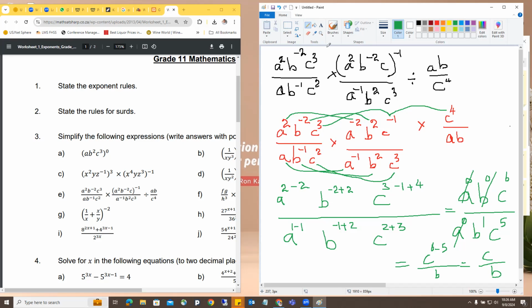Now a minus 2, b 2, c minus 1. And then here we have a minus 1, b squared and c cubed. So there we have a minus 1, b we can cut, and for the c we have c to the power of 4. Okay, that one also correct.